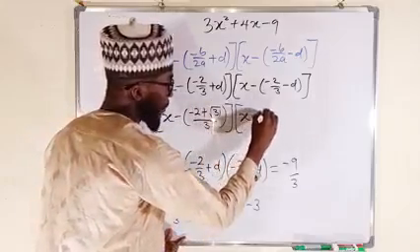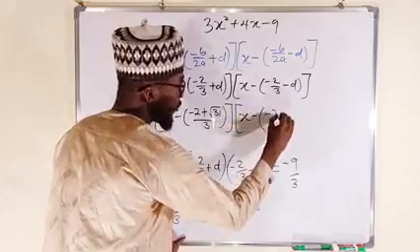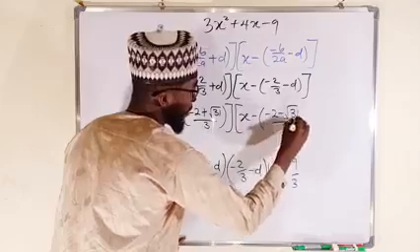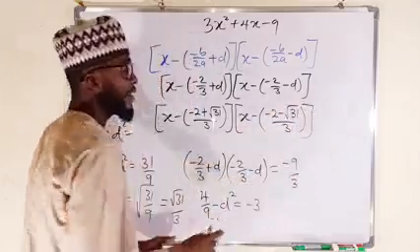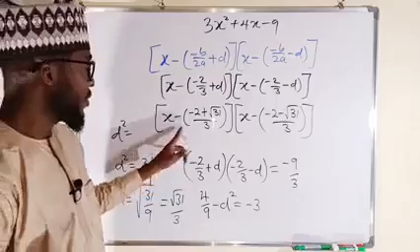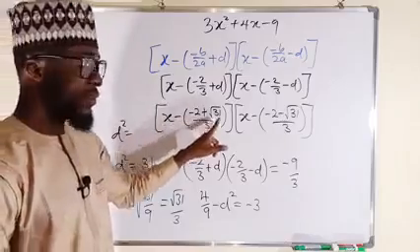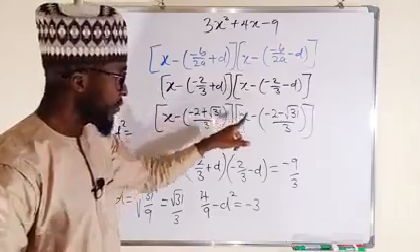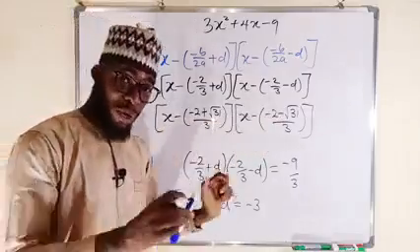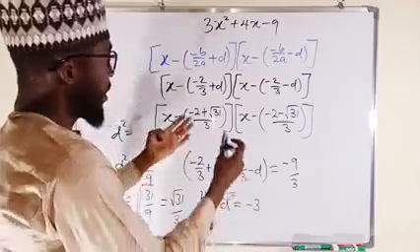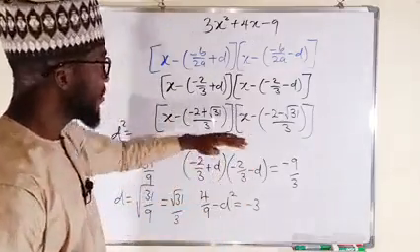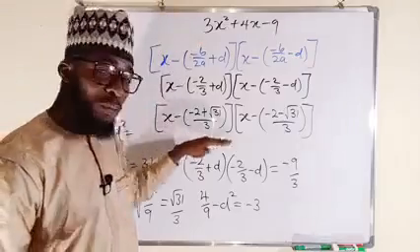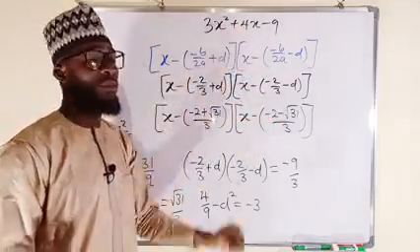X minus, in bracket, minus 2 minus square root of 31 divided by 3. These are the factors, unless you so wish, you can distribute this negative sign inside. So this becomes positive, this becomes negative. Positive, positive if you expand. But if you like, you can leave them like this. These are said to be the factors of this quadratic function. Just try to multiply them together. You have to get this back.